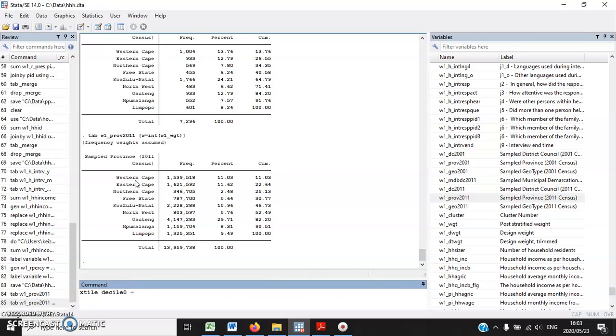So xtile, decile 0 equals real per capita income from wave 1. And I must specify the weight, comma, nq(10). I want 10 categories, 10% in each category.